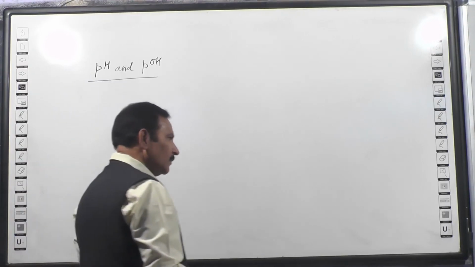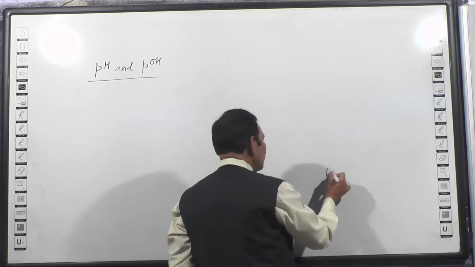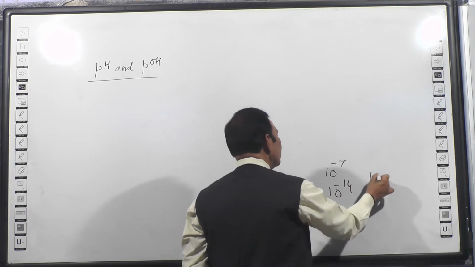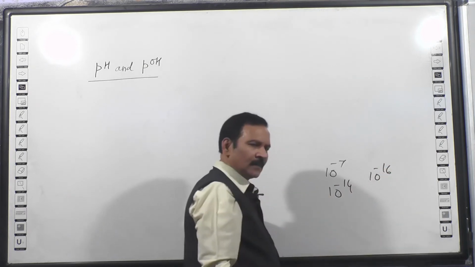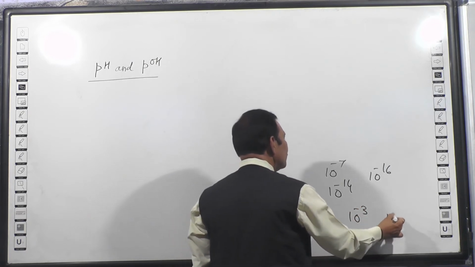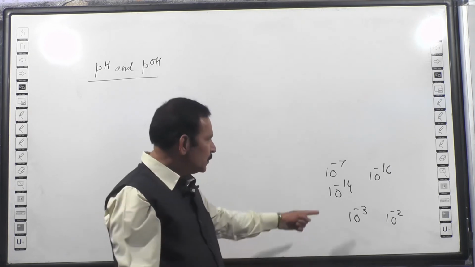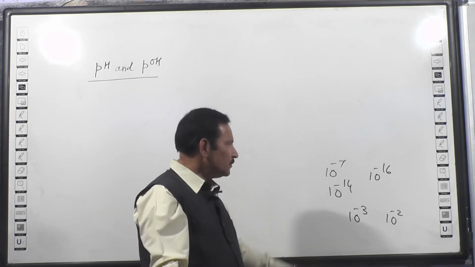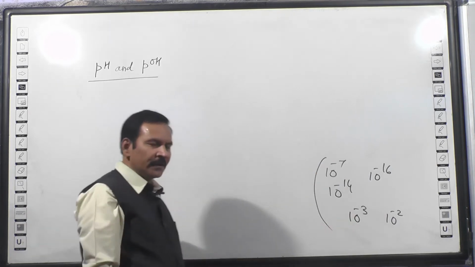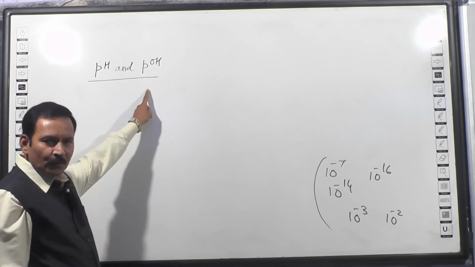In the earlier part, we have seen concentrations in terms of 10 to the power minus 7, 10 to the power minus 14, 10 to the power minus 16 like this. Or it may be in terms of 10 to the power minus 3, 10 to the power minus 2. So these concentrations, instead of talking in terms of such numbers or negative powers of 10, let us express the concentrations in some convenient unit, and those convenient units are nothing but pH and pOH.